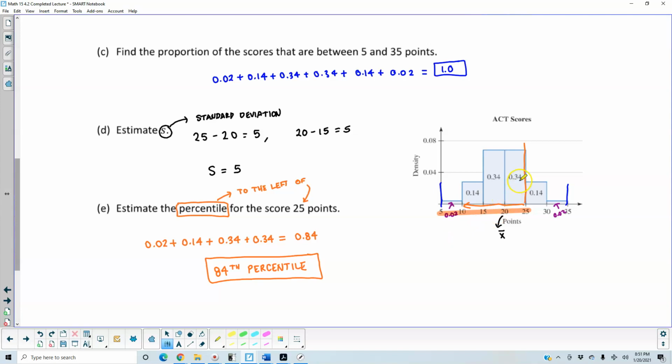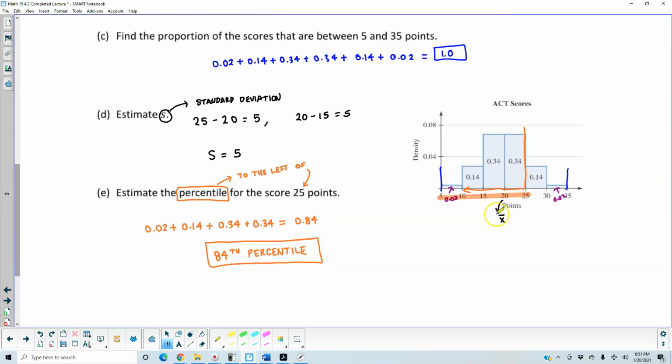We're going to add up all the proportions to the left of 25 points. So we have 0.02 plus 0.14 plus 0.34 plus 0.34, which gives us 0.84, which means that is the 84th percentile.